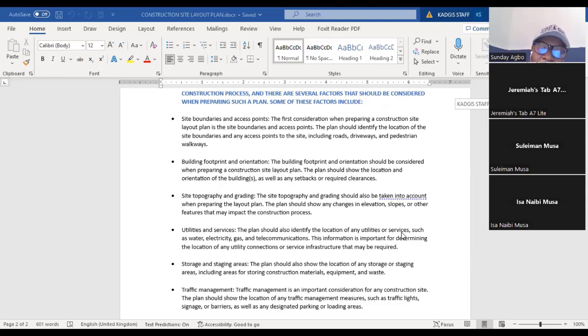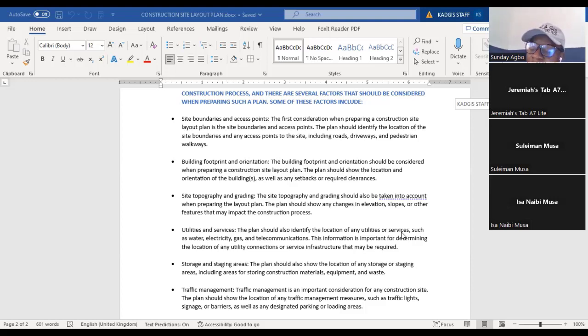For example, I remember we did a project recently in Lagos, which I talked about the other time, where there was going to be a construction, and there was going to be an excavation in that place.